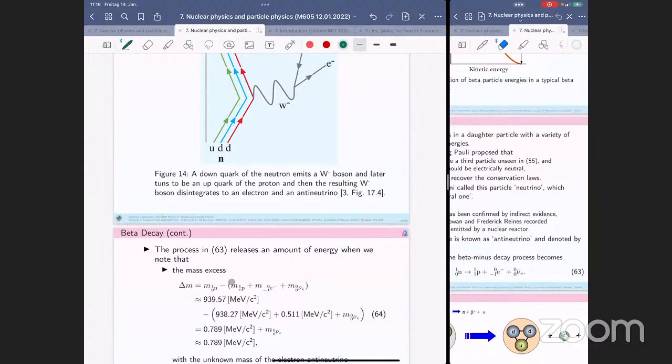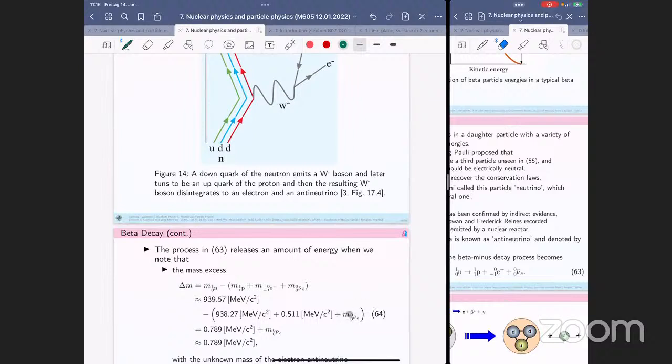We know that the mass of the proton is 938. The mass of the neutron is a little bit greater than that. The mass of the electron is 0.511 mega electron volt per c squared. It's not atomic mass unit, it's mega electron volt per c squared already. This is the mass of the electron anti-neutrino, which we don't know.